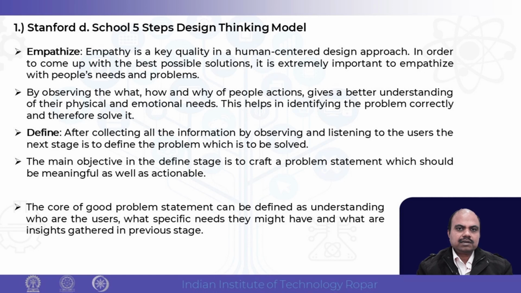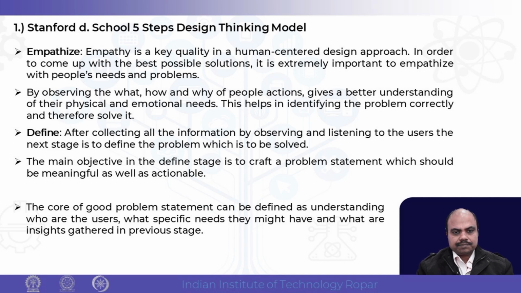The same product designed for younger people or older people has different needs, and often they are not able to tell us what they need. So unless we empathize and feel, we are not able to understand. The idea is that we need to empathize with their feelings, understand their issues, and then design the product.